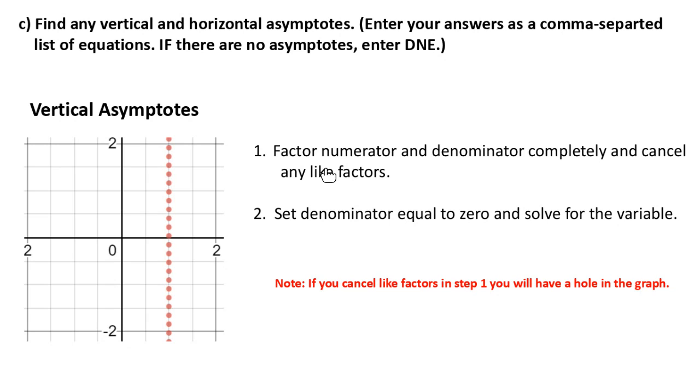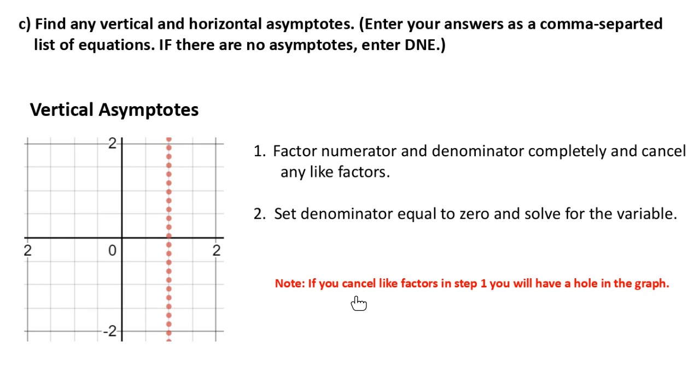So to find the vertical asymptote, there's really two steps. The first one is you want to factor your numerator and denominator completely. And once you factor it, you're going to cancel out any like terms that you might see. Okay. And then you're going to set the denominator equal to 0 and solve for the variable.